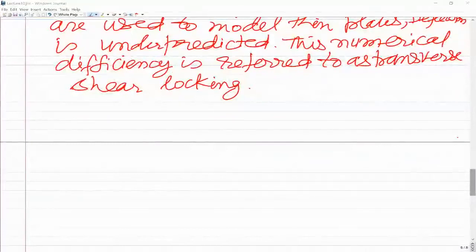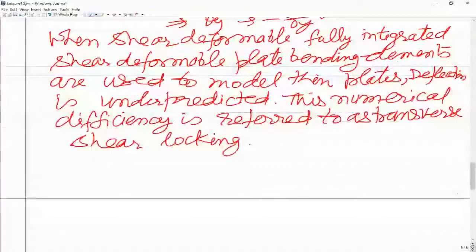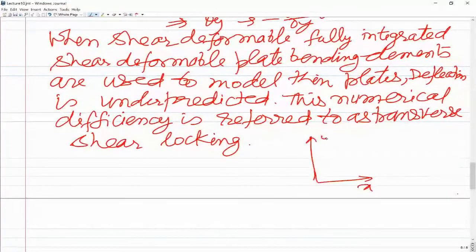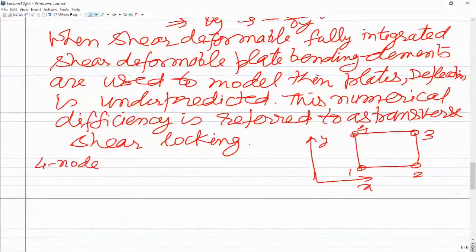So let me take an example of an element formulated in the physical coordinate space, just a rectangle, let us say. So this is x and y, and the element is a rectangle with nodes 1, 2, 3 and 4. So let me take a four noded element as an example to explain this problem.